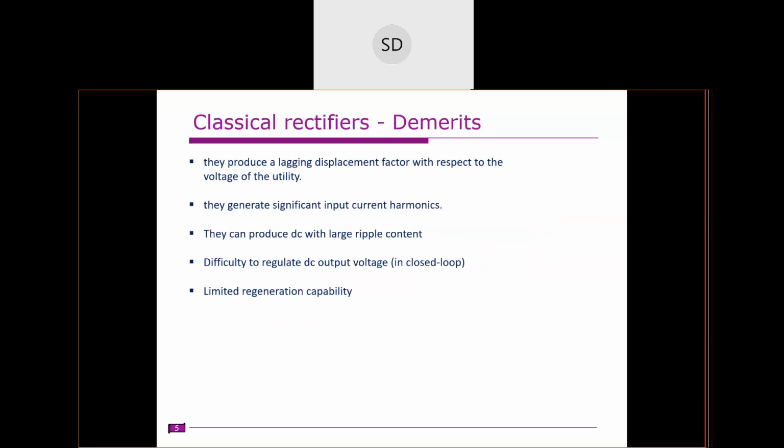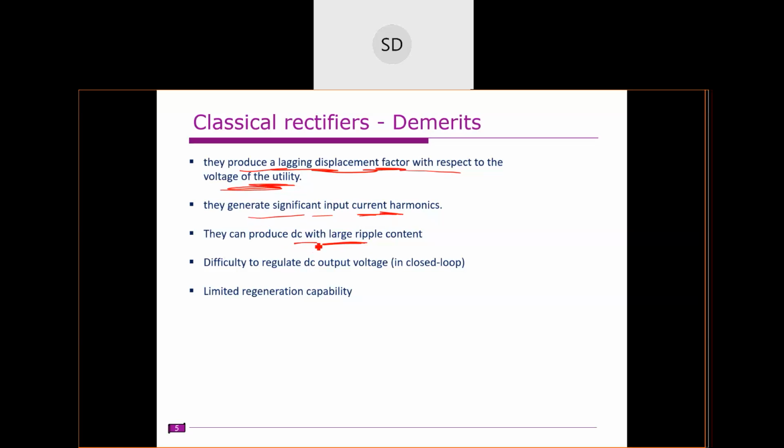There are some drawbacks with these conventional rectifiers. The first is that they produce a lagging displacement power factor with respect to the utility voltage. They can generate significant input current harmonics, and they produce DC with large ripple content, right?